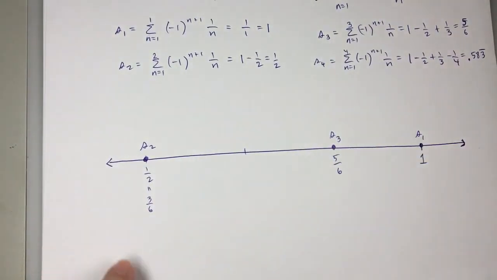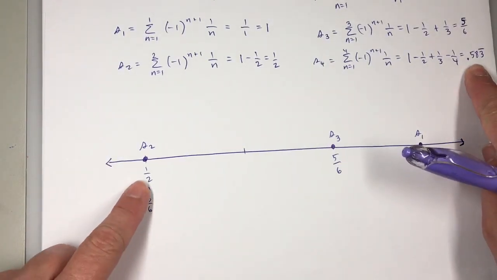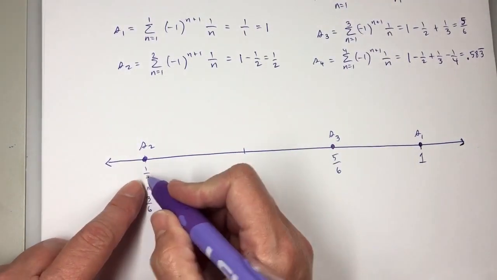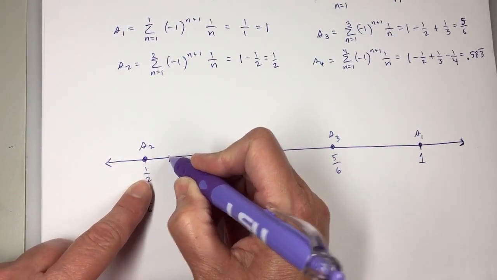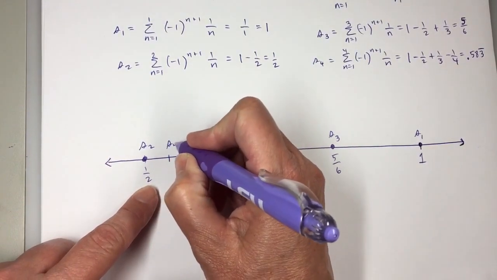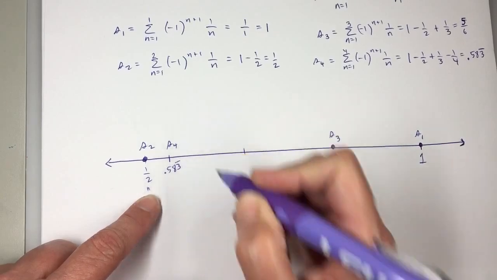But there's S sub 3. Now, S sub 4 is a little bigger than 0.5. So 1/2 is 0.5. I'm just going to put it about right here. S sub 4 is 0.58 with a repeating 3.